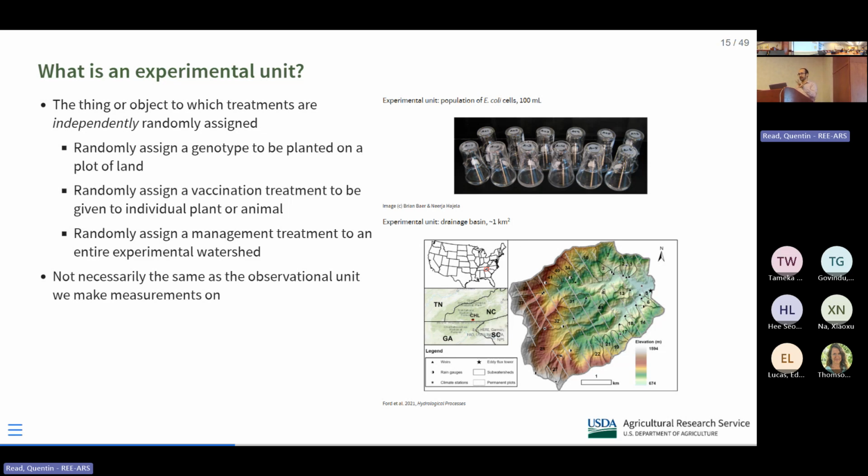Those 1,000 cells all come from the same mouse or the same person who is your experimental unit. Those cells are only observational units. So if you did your statistics assuming that each of those cells was an independent sample, you're going to get probably wrong results or an inflated idea of how much of an effect your treatment has if you don't properly account for that those cells are not independent units.